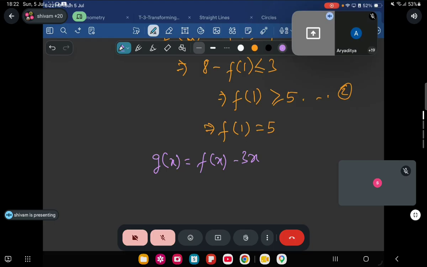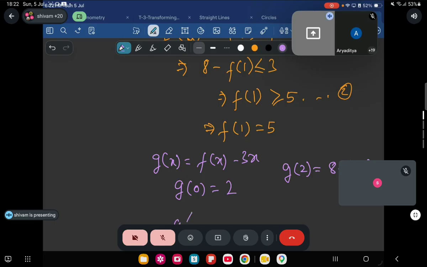And g of 0 is also equal to g of 2. G of 0 is equal to f of 0, which is given as 2. And g of 2 is equal to f of 2, which is 8 minus 6, 2. Correct. Then you want to use Rolle's theorem. Yeah, then I use Rolle.